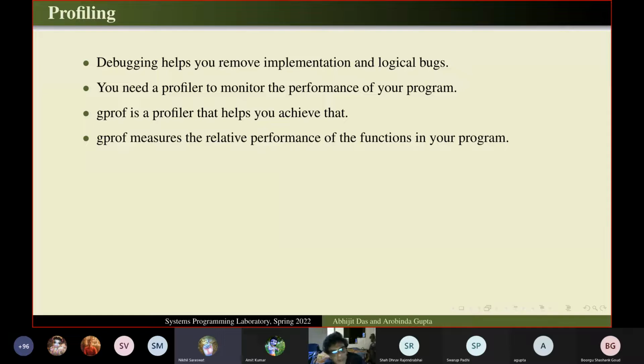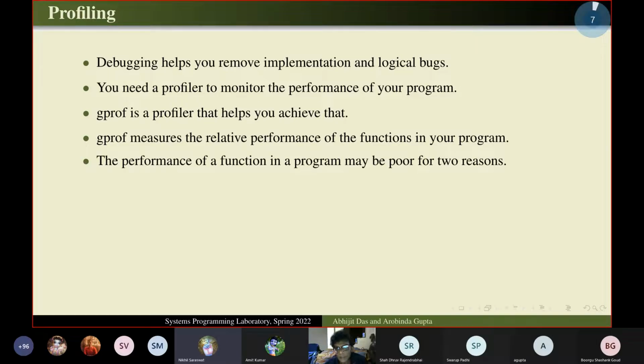Now, gprof, an abbreviation of GNU profiler, is a tool which helps you in understanding not only the relative performance, but also the absolute performance of the functions in your program. The performance of a function in a program may be poor in 2 ways.